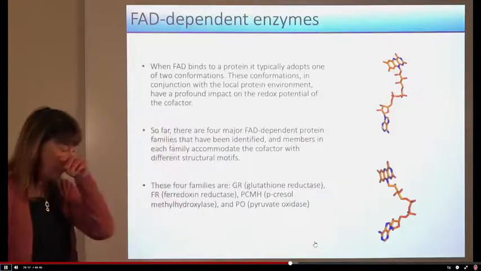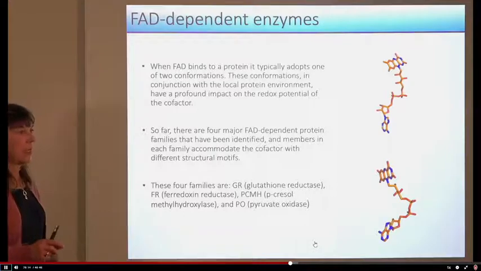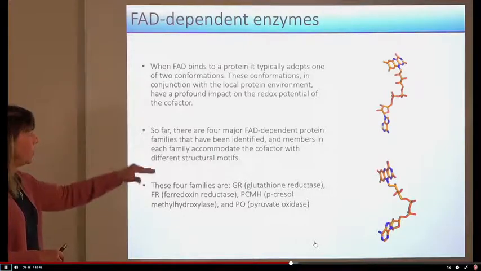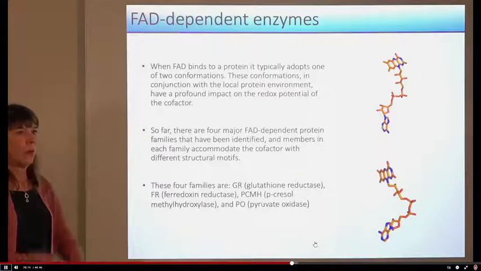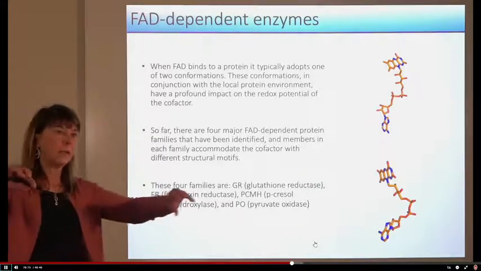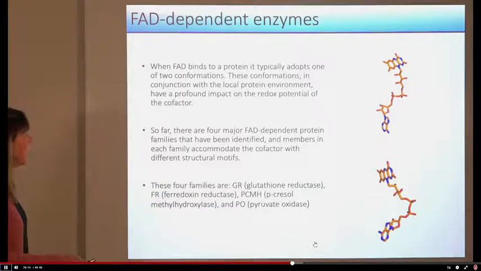Now, what we see with flavin-dependent enzymes is that they have either 1 or 2 conformations. They either look like this or like this. Where NAD, it's always extended. But in this case, they'll have either this kind of conformation or this kind of conformation.